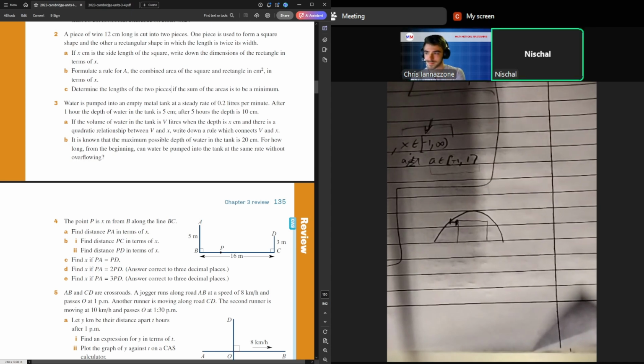I'm just thinking, 6 minus 2x equals just length plus width.